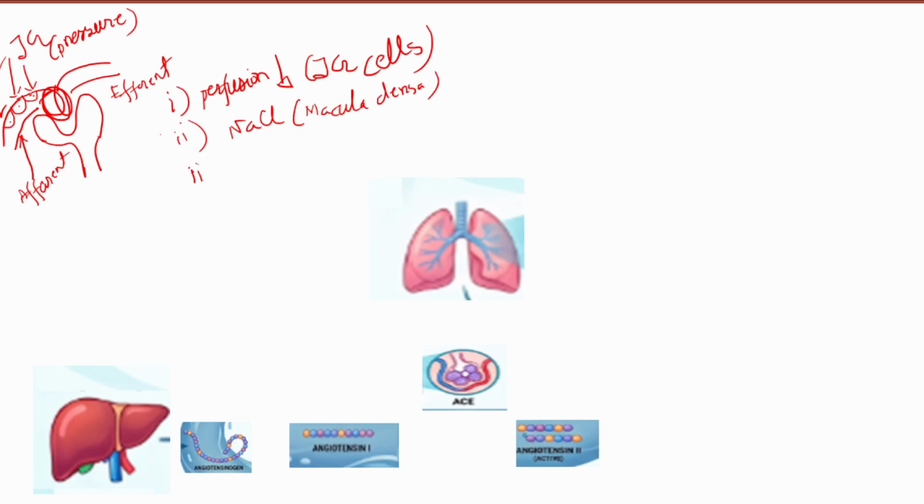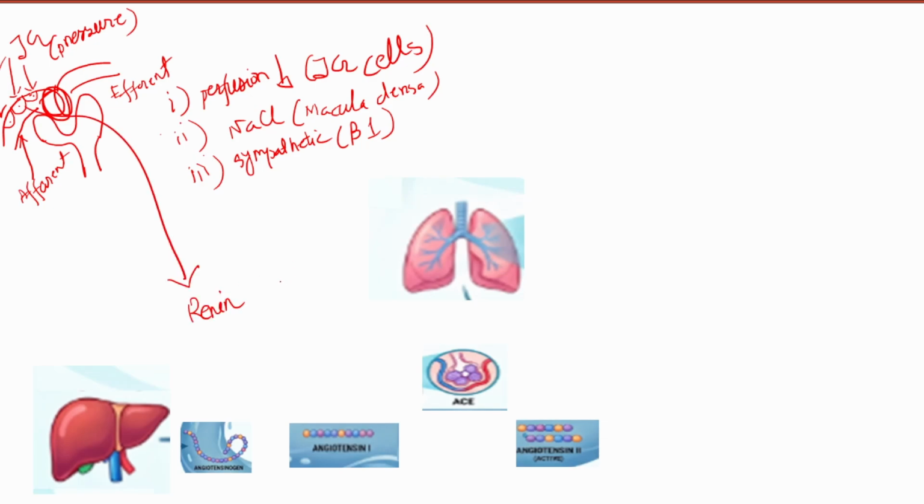And there's another trigger, that is active sympathetic stimulation, detected via a receptor called beta-1 adrenergic receptor. Upon activation, the JG cells act as an enzyme catalyst, secreting renin directly into the bloodstream.